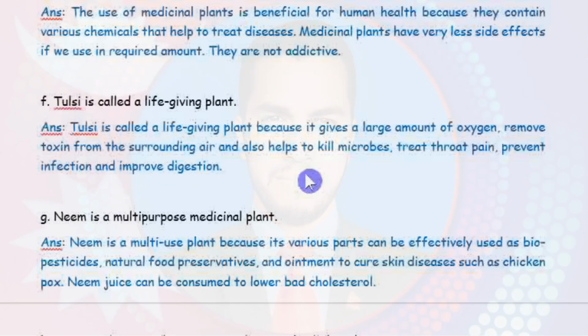Okay, now F number. Tulsi is called a life-giving plant. Answer: Tulsi is called a life-giving plant because it gives a large amount of oxygen, removes toxins from the surrounding air, and also helps to kill microbes, treat throat pain, prevent infections, and improve digestion.